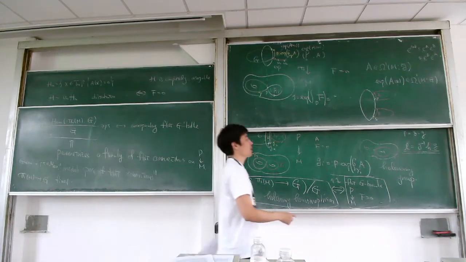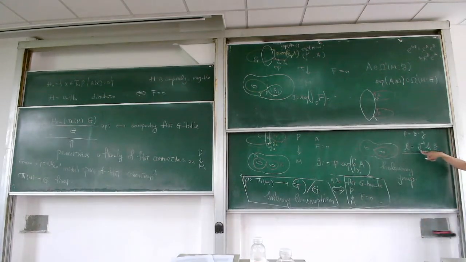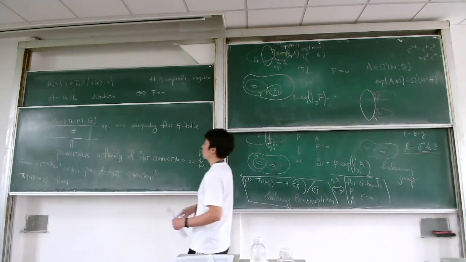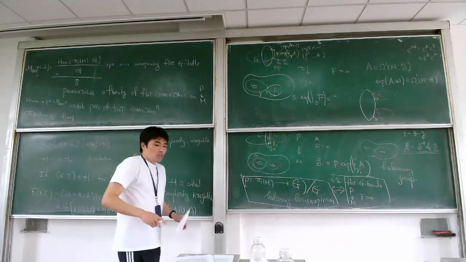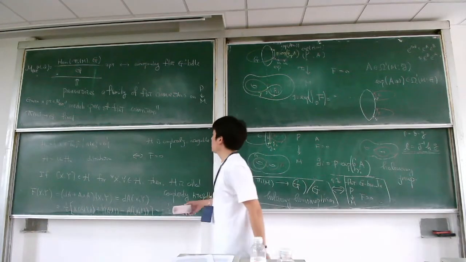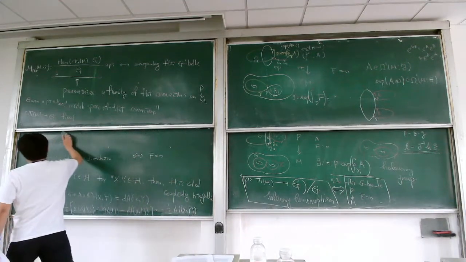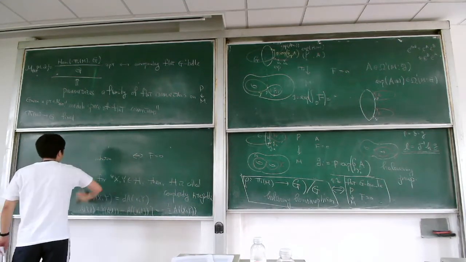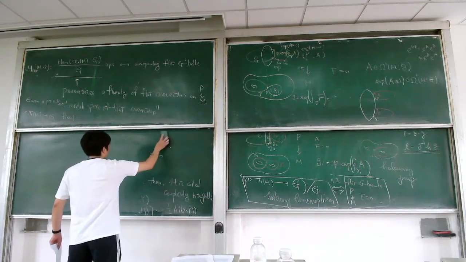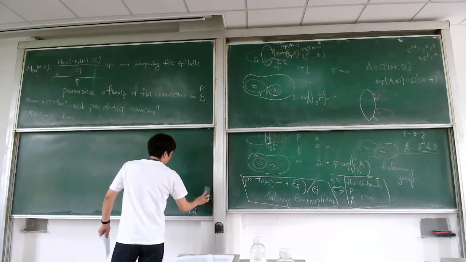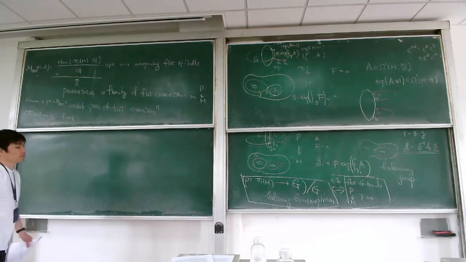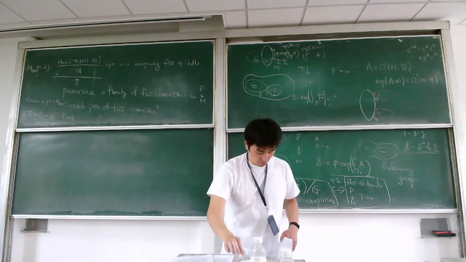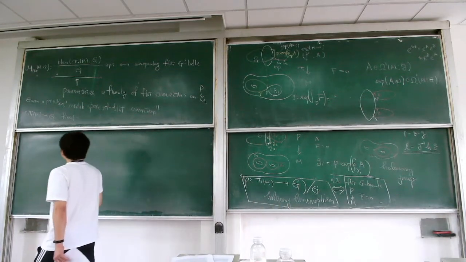Conjugacy means you sandwich an element by a group element, the adjoint action. Which means you can define a flat connection on a principal G bundle by constructing a homomorphism, and I can give you an example.